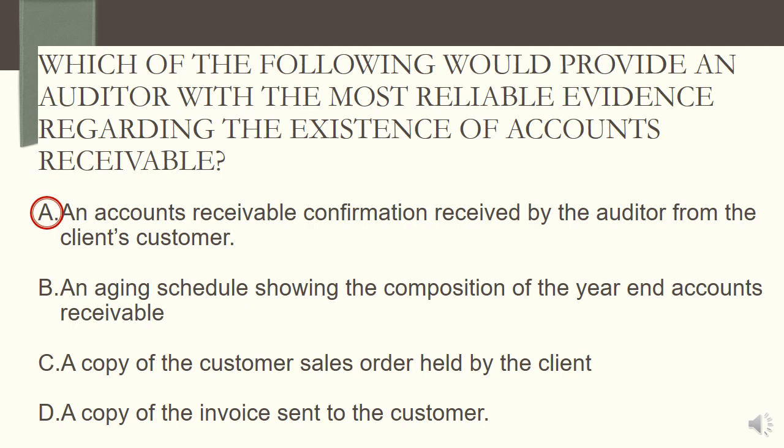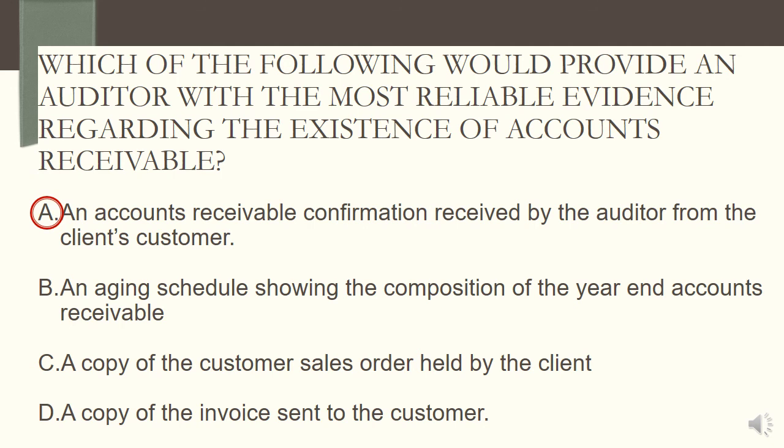So B is out. Items C and D, a copy of the customer sales order held by the client and a copy of the invoice sent to the customer, those are both internally generated items. And remember the hierarchy of reliability, the most reliable is the auditor reperformance because the auditor knows.